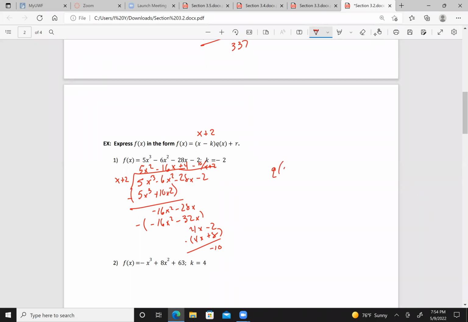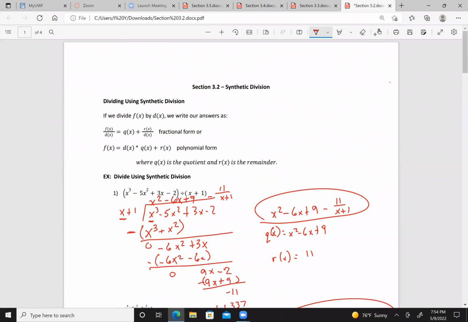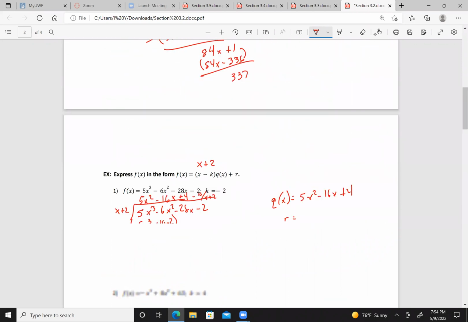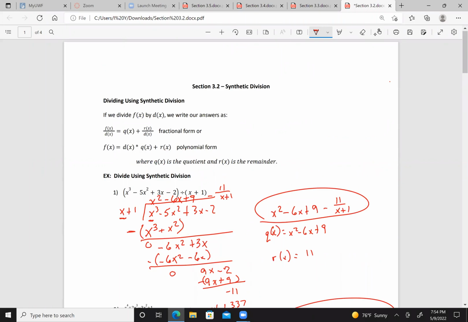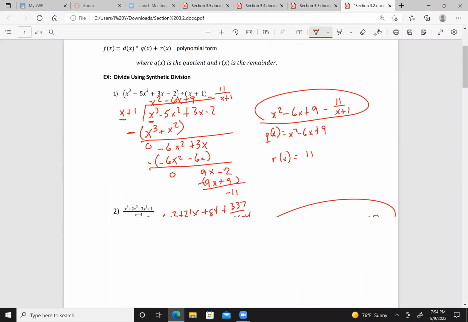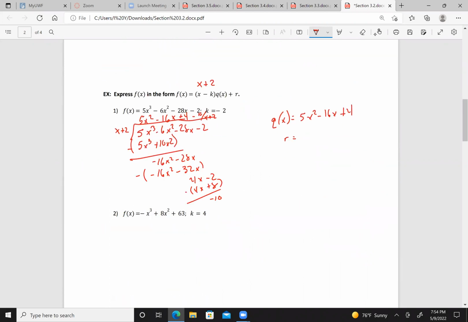Q of x equals 5x squared minus 16x plus 4, and r is equal to the remainder, which is just negative 10.